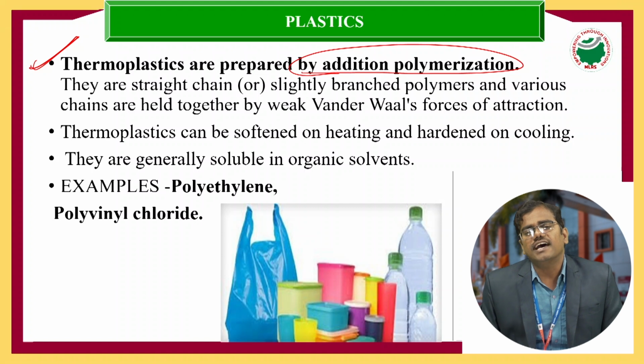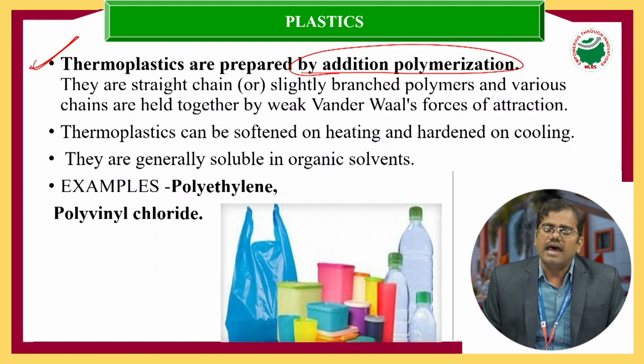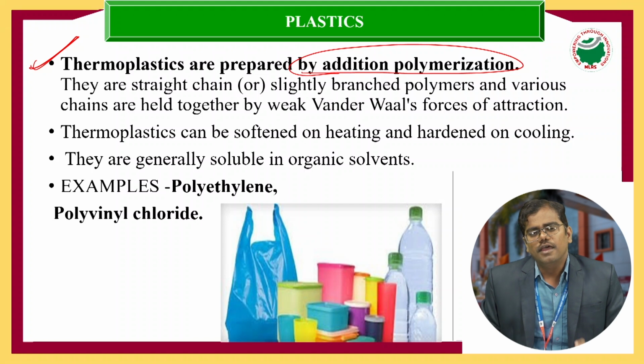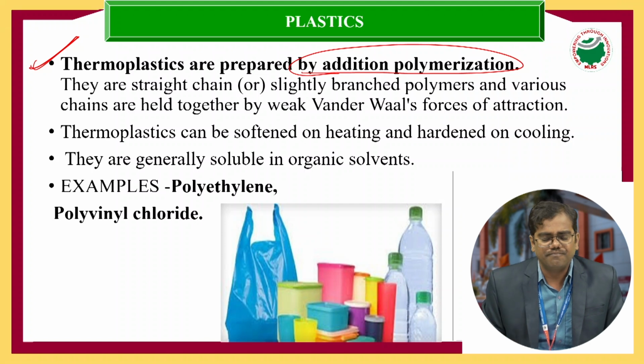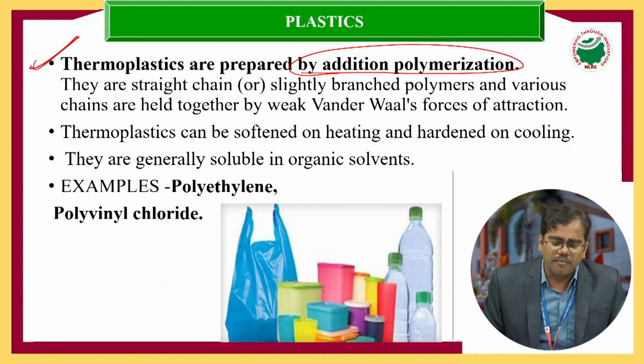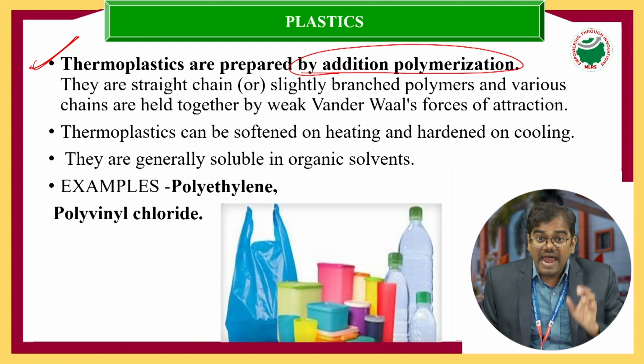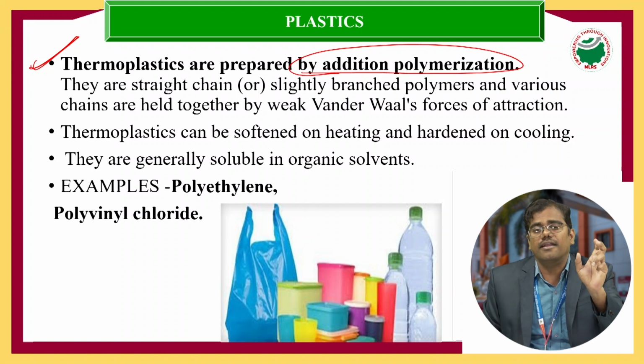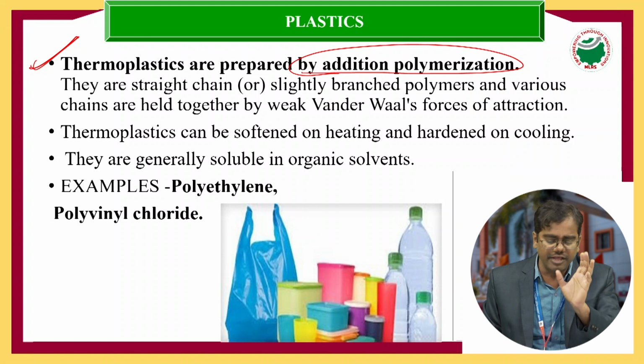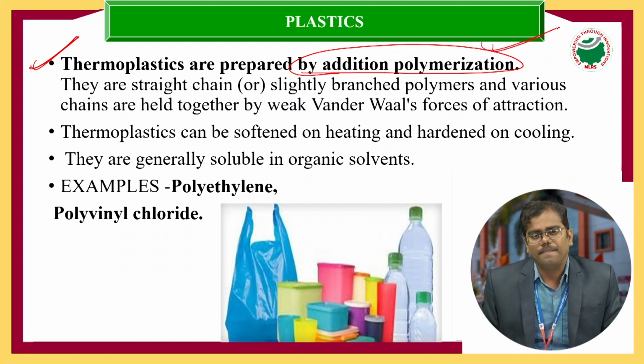Unsaturated chemical compounds, that is, monomers containing unsaturated groups like double bonded groups, triple bonded groups or alternate double bonded groups. These unsaturated chemical compounds are involved in addition polymerization.